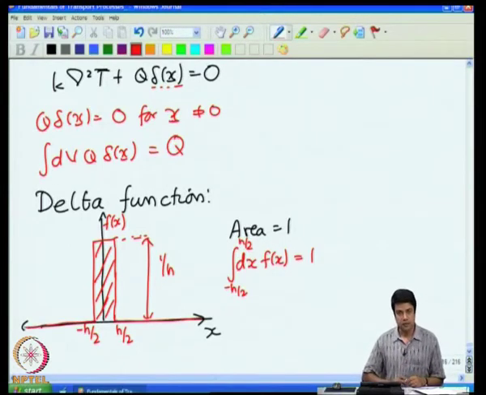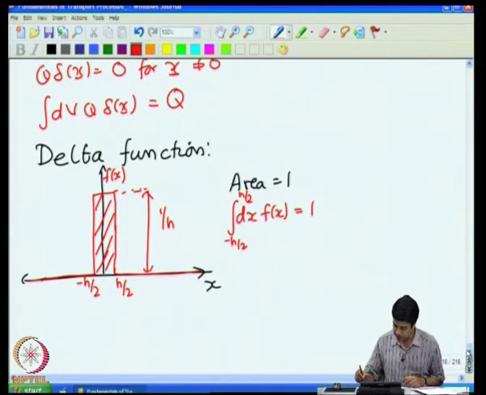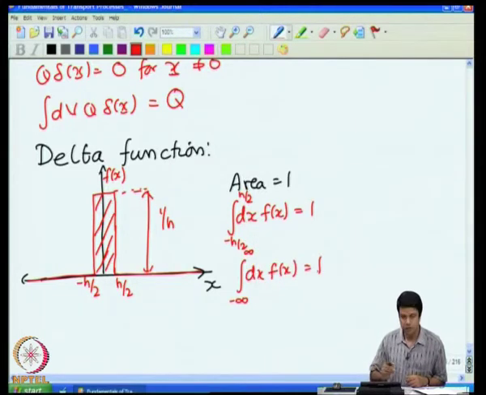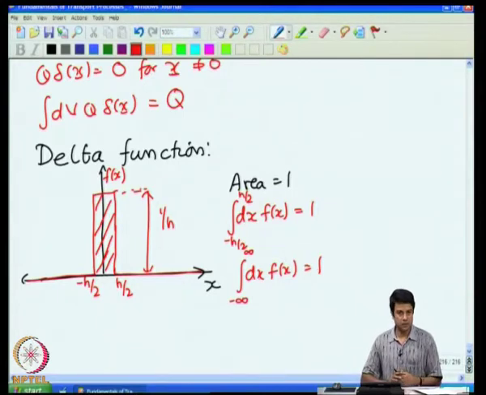It is non-zero only in the interval between minus h by 2 and h by 2. That means I could very easily write the same thing as minus infinity to infinity dx f of x is equal to 1. So, this is non-zero between minus h by 2 and plus h by 2. The height of this is 1 over h. Therefore, the integral is 1.